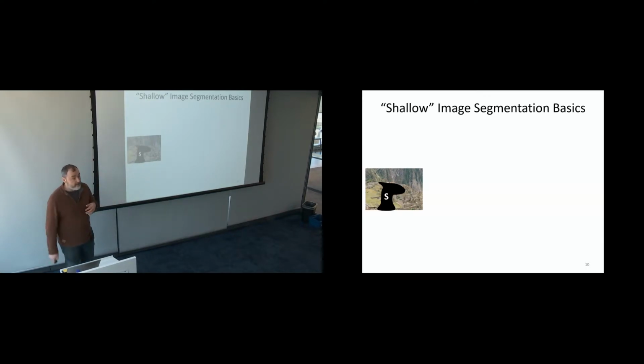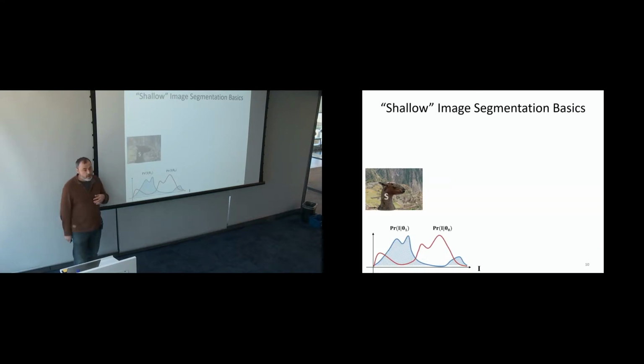And for now, I make a very simplistic assumption that I know color models, the distributions of colors in the desired object and the background. So these two distributions of, say, intensities or colors, this is your feature domain. So the simplest thing you can do, and in this case, I'm suggesting that perhaps linearly separable means I can separate them based on just thresholding around here.